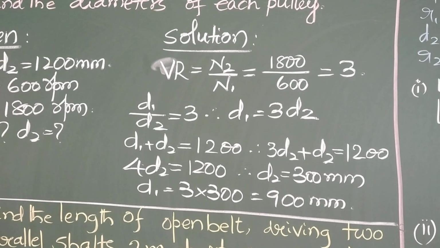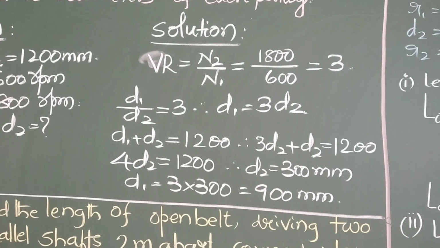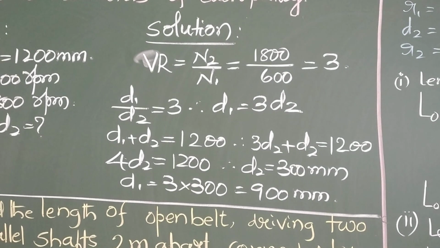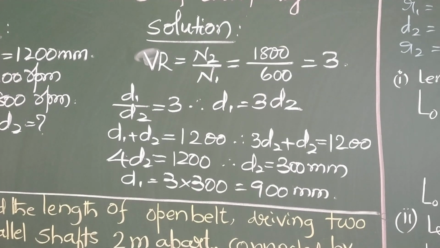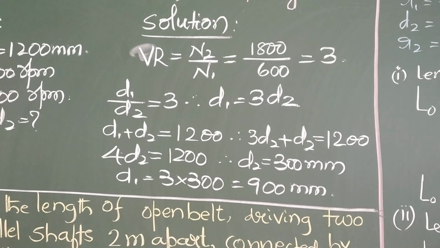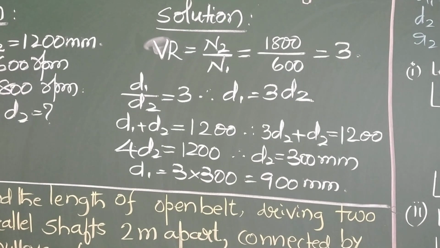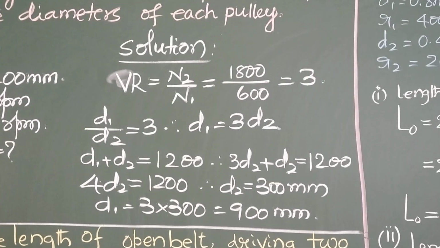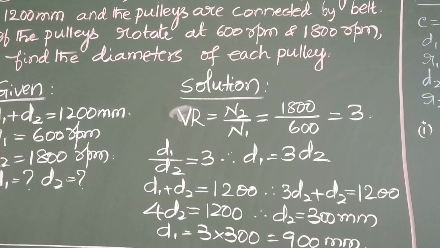Therefore, substitute D1 as 3 times D2. 3 times D2 plus D2 becomes 1200, so 4 D2 equals 1200, D2 equals 1200 divided by 4, that becomes 300 mm, and obviously D1 equals 3 times D2, therefore 3 into 300, that's equal to 900 mm. This is the solution for the first problem.